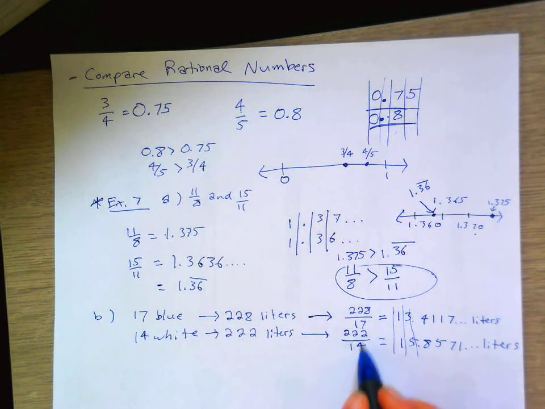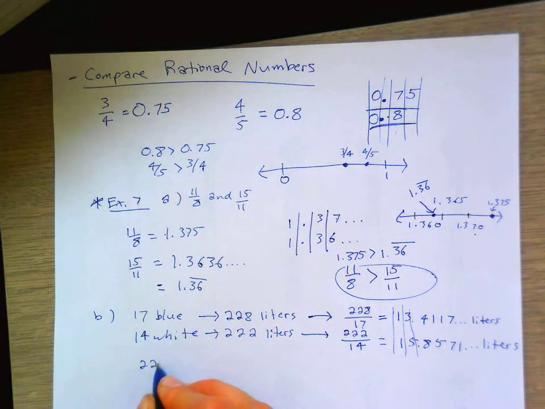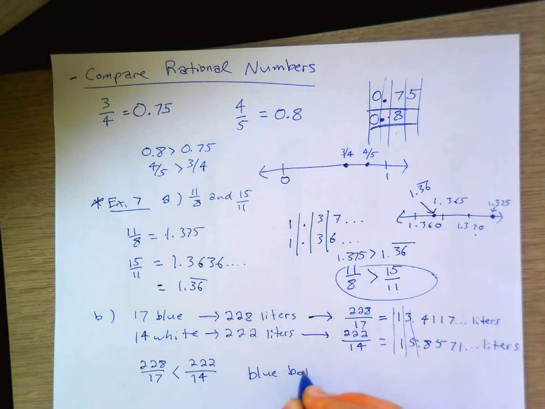So we could say 228 over 17 is less than 222 over 14, and blue bottles hold less on average. Go ahead and try guided practice problems 11 and 12.